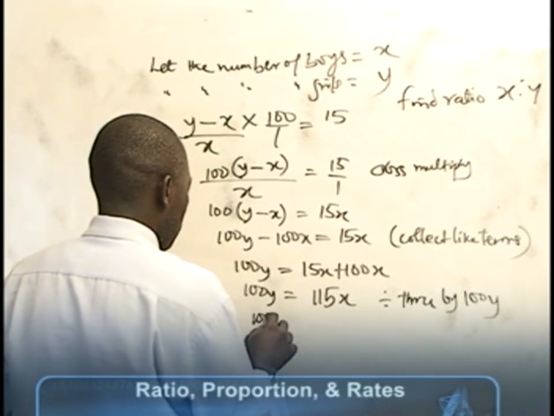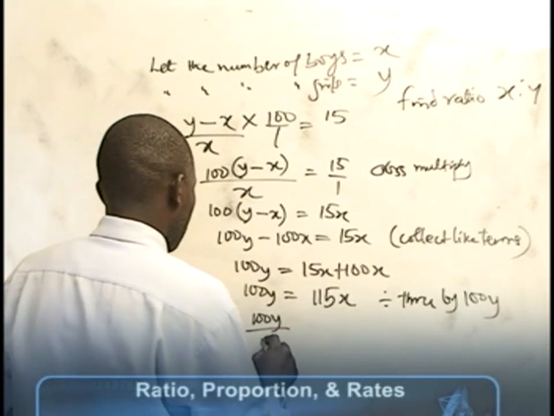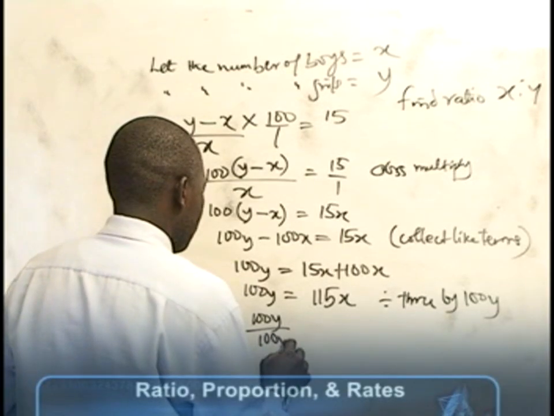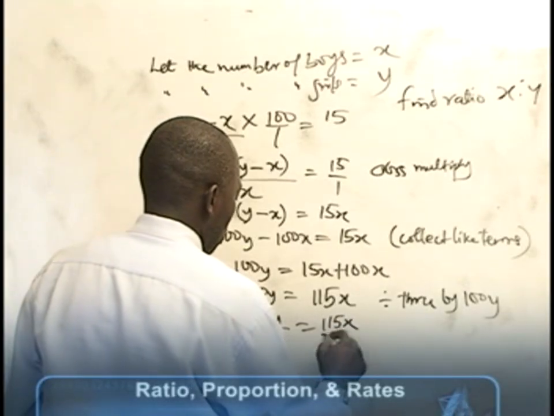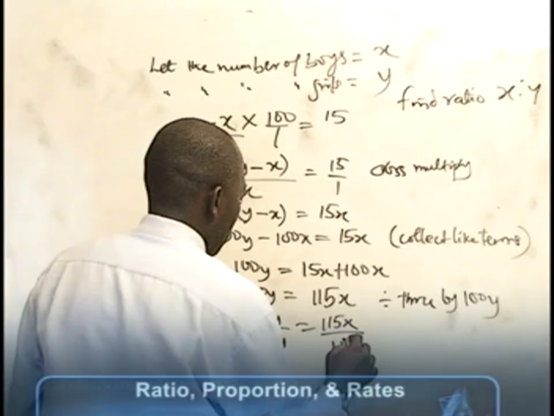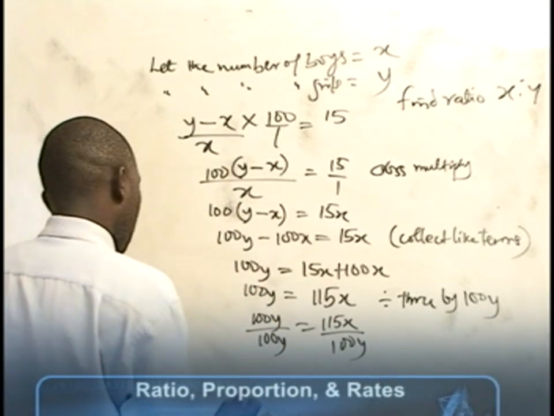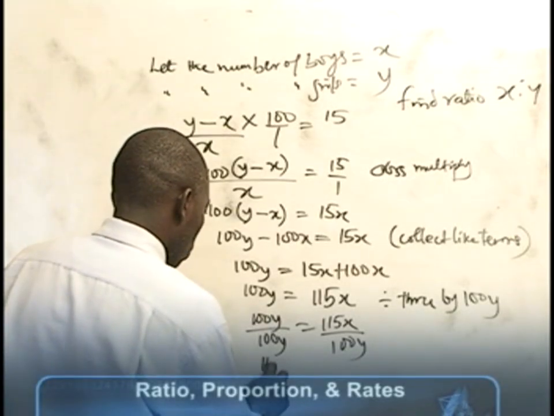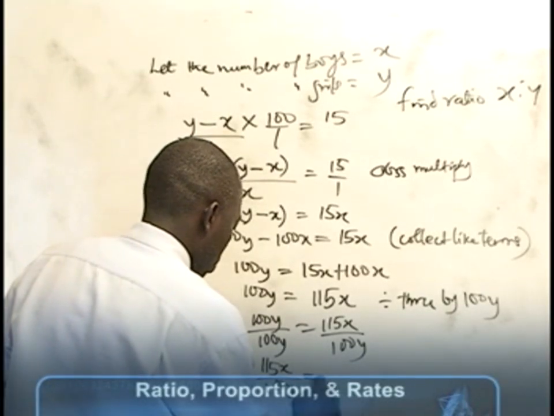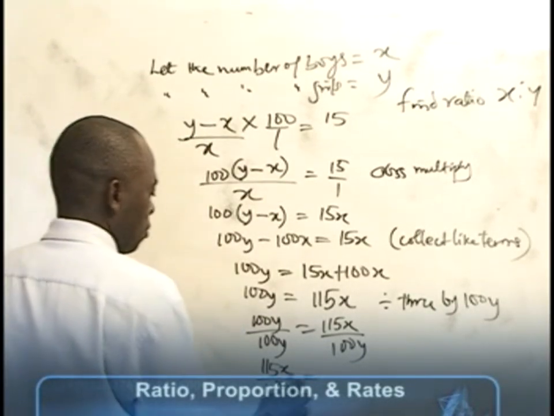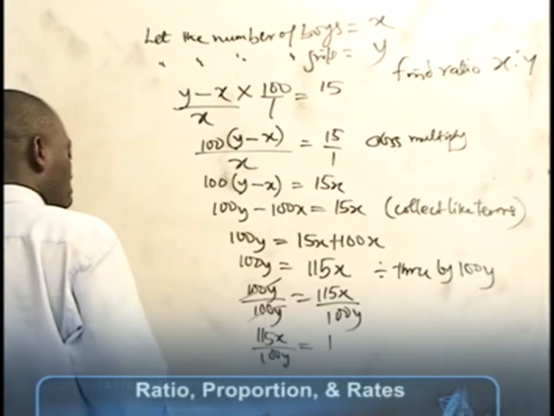So you have 100Y over 100Y equals 115X over 100Y. And then you have 115X over 100Y equals 1. This one cancels this one.